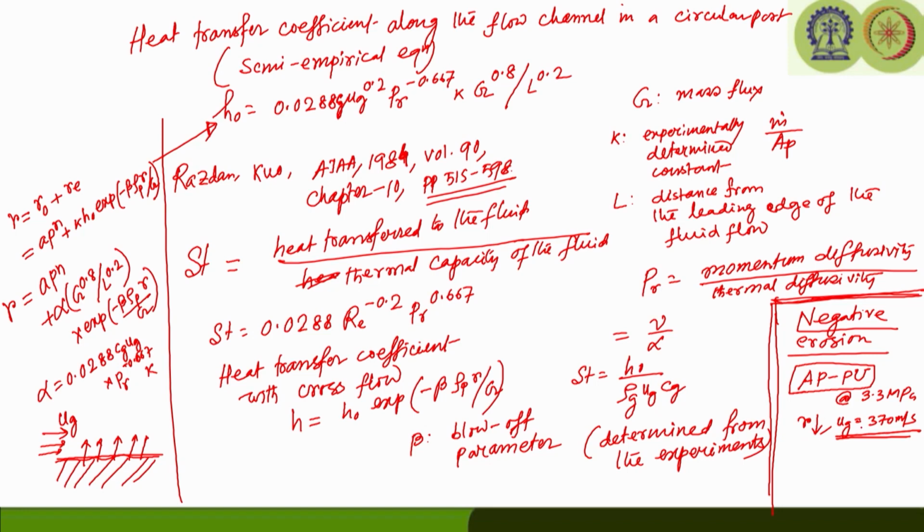The possible reason is that the molten binder was covering some of the ammonium perchlorate crystals, which were then not decomposing further, due to which the burning rate decreased. We can remember this as a typical example of negative erosion.